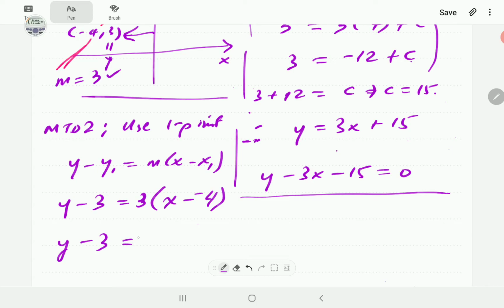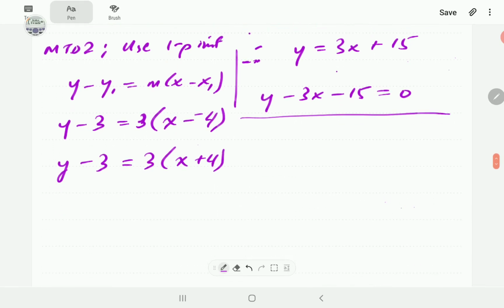Then we just need to simplify on the right hand side. Minus negative 4 is the same as plus 4. We remove the brackets, so this is 3x plus 12.